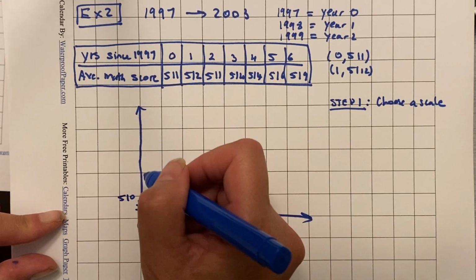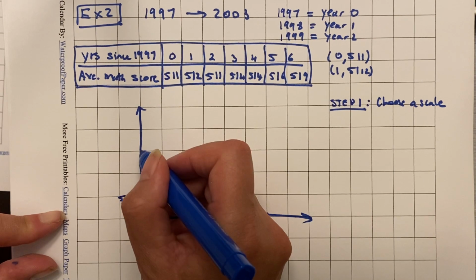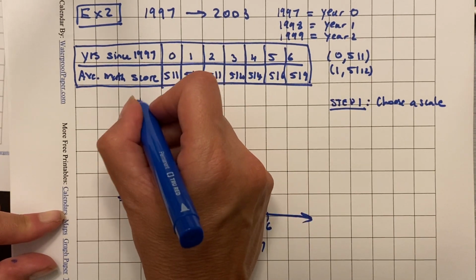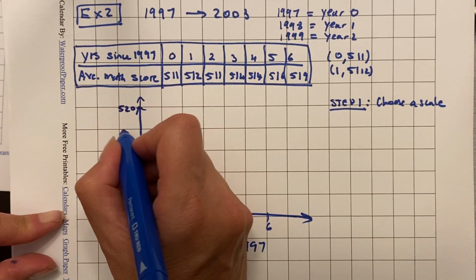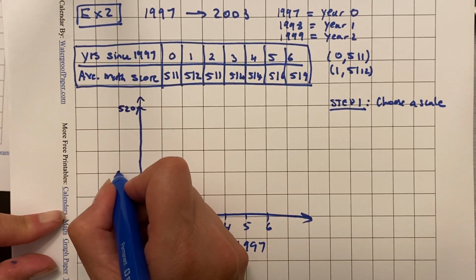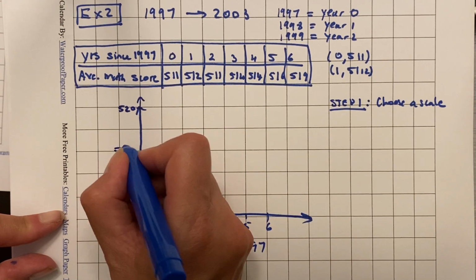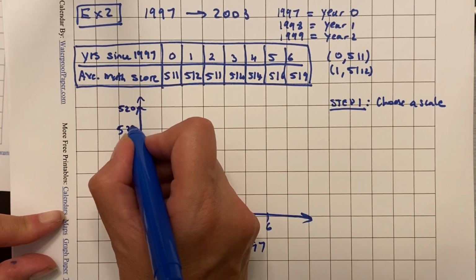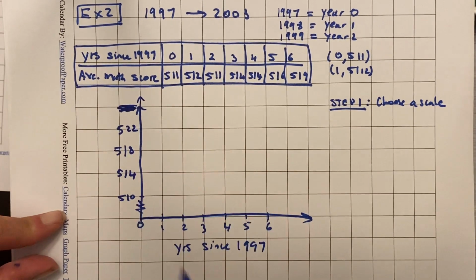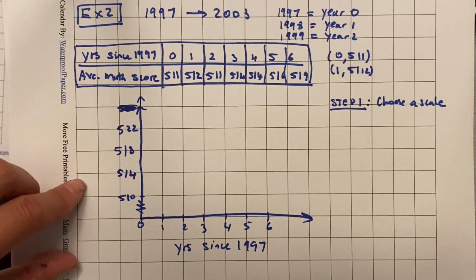And I need to get to 520, right? 510, 14, 16, 18, 20. I should have made it just a little higher. So I'm going to put 520 and 514. Oops. 520. Actually, 522. Seemingly, I can't count today. I'm going by 4s. 4, 8, right?